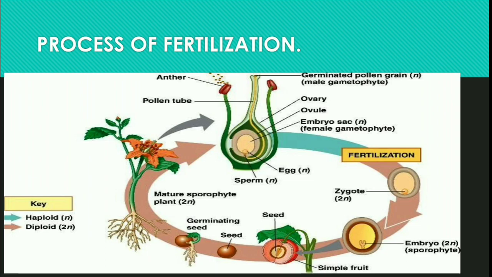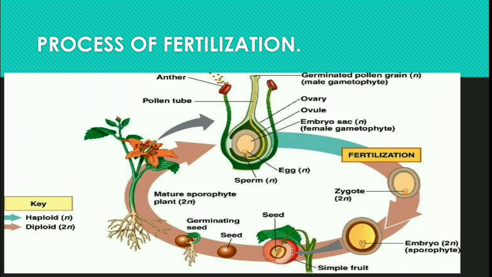Now you can see the picture showing the process of fertilization. First of all, the anthers are releasing the pollen grain on the top. Now what will happen? The pollen grain will attach on the stigma. Then the pollen tube, you can see the labeling, will be formed.